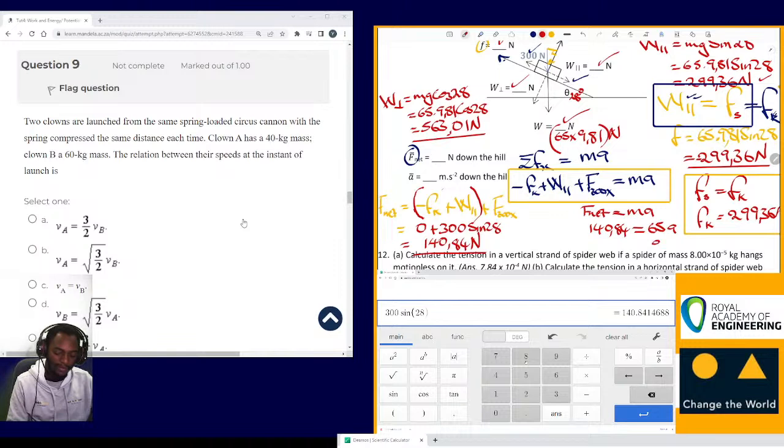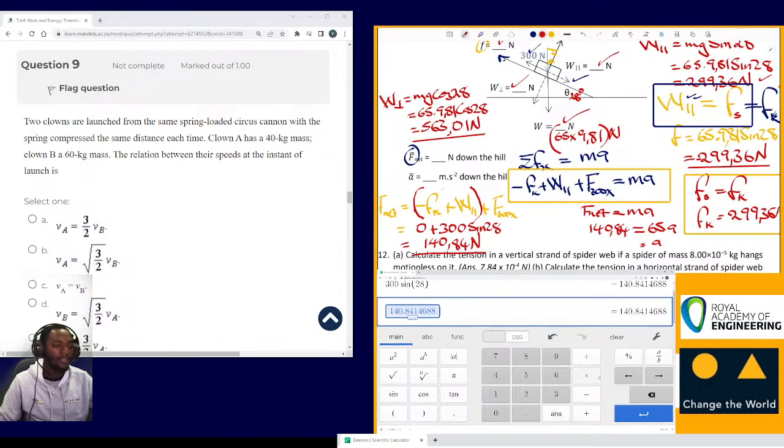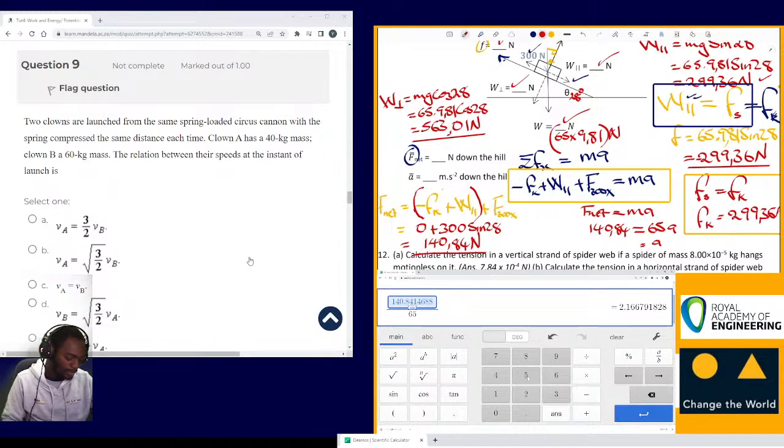So our a will then become our answer divided by 65, 2.16, right? 2.17 if you round off, 2.17 meters per second squared.